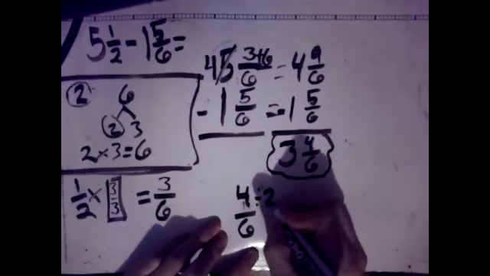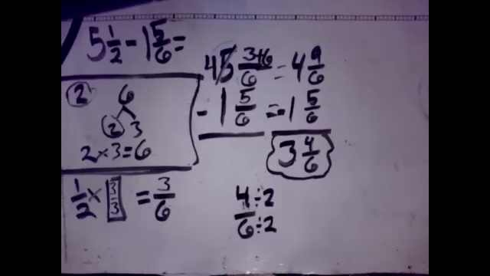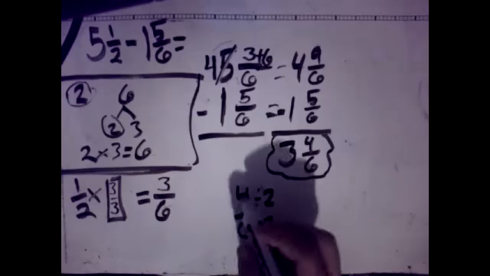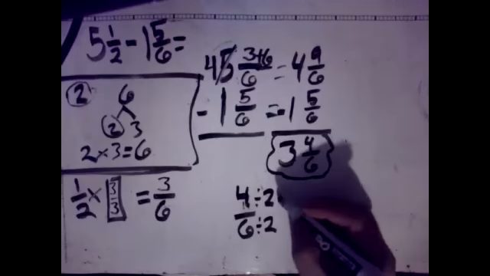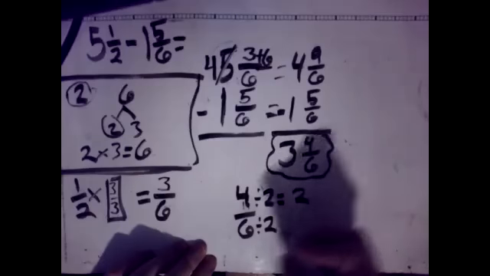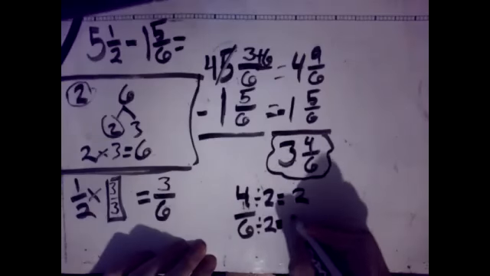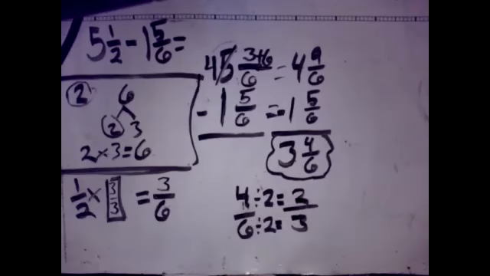So if I divide it by 2 on the top and divide it by 2 on the bottom, I'm not changing anything. It's staying the exact same value. It's just changing its appearance. I can look at this and say 4 divided by 2 equals 2. 6 divided by 2 equals 3. 4/6 is the same thing as 2/3.